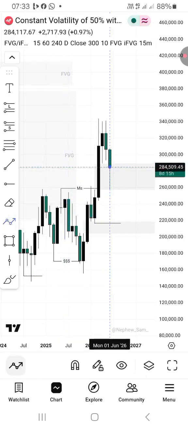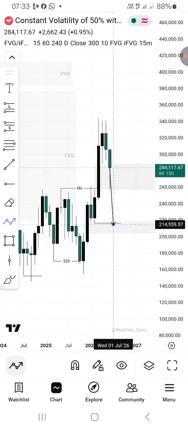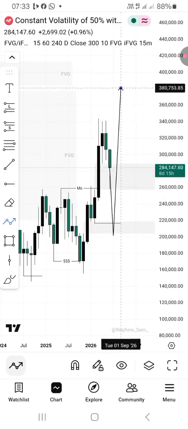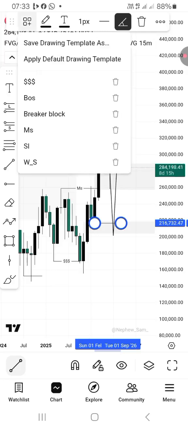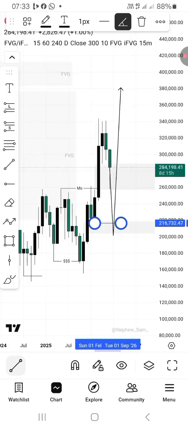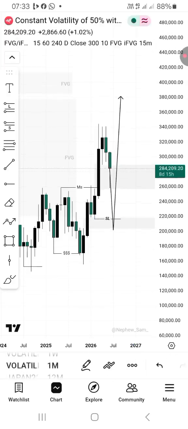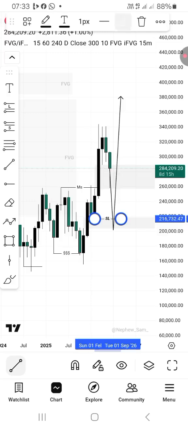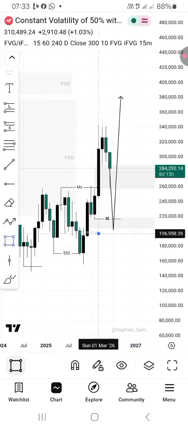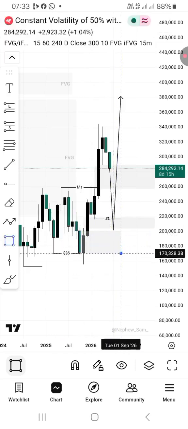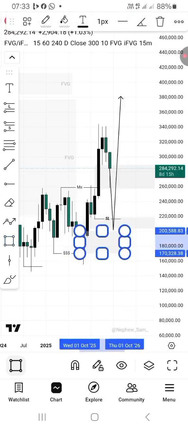So we definitely want to see this structural liquidity taken and price probably reacting from that other block, and we push up. What I'm seeing is this one, I will call a structural liquidity, and this one I will call an order block.